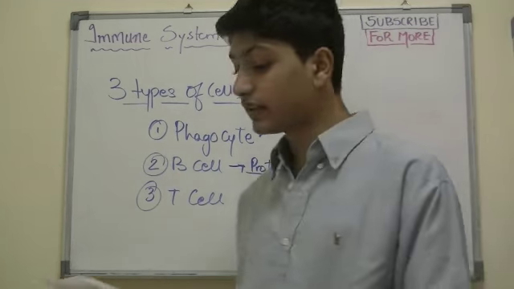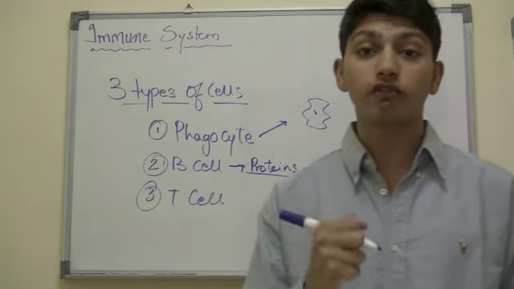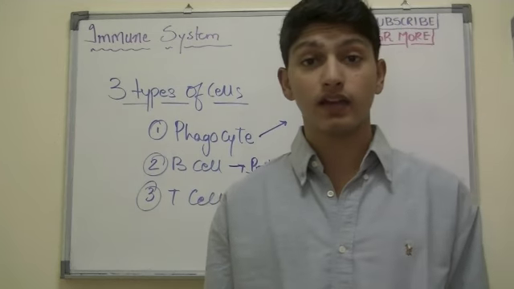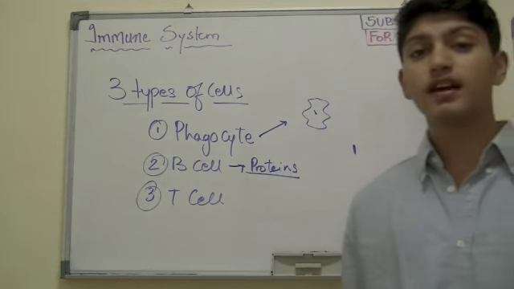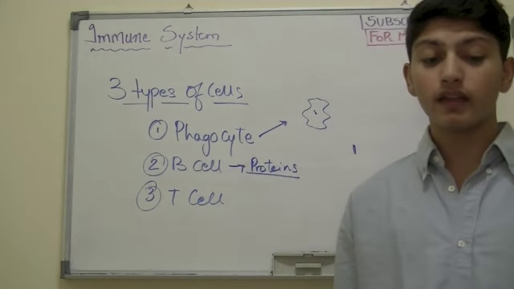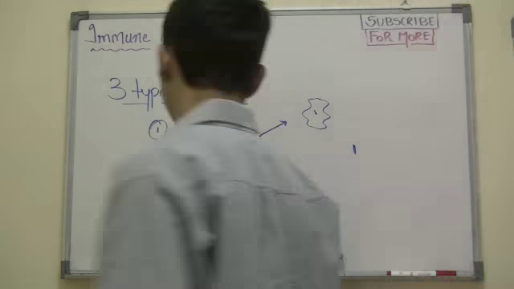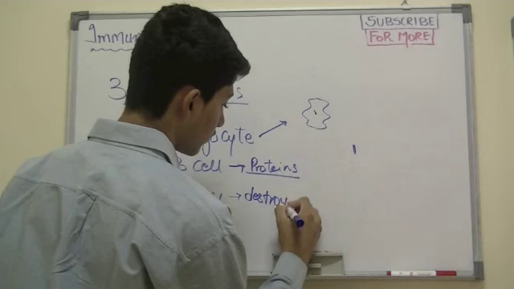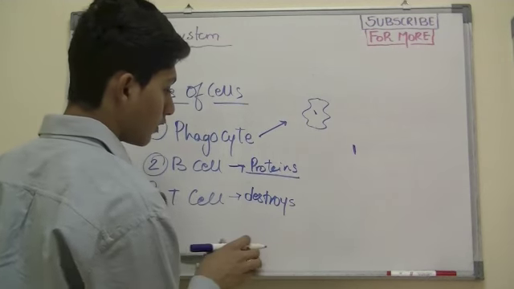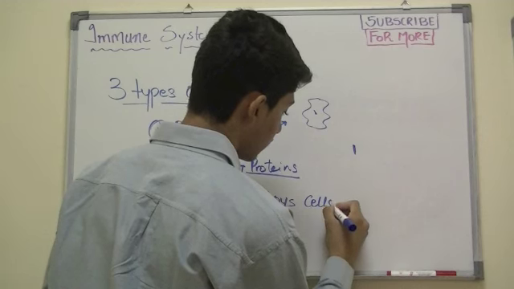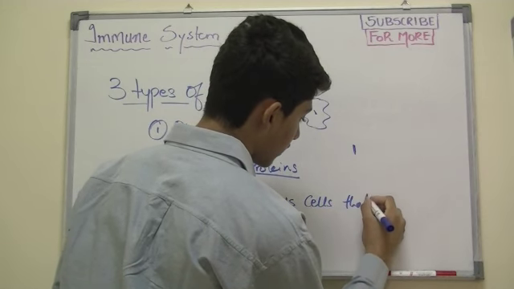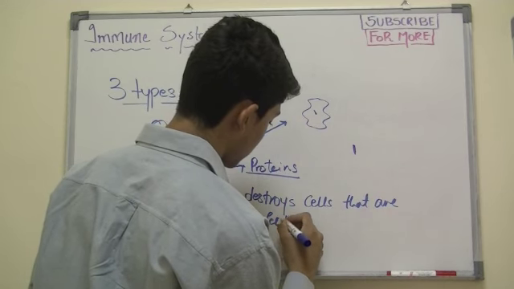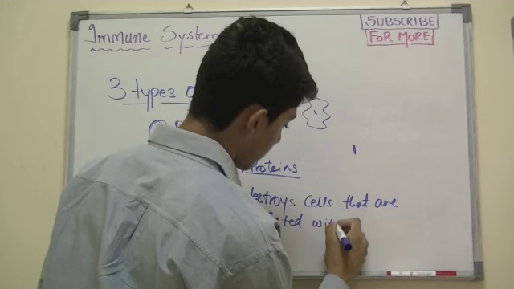Now what is the function of a T cell? The T cell is the real fighter. As you might know, a real fighter takes an active part in fighting. So what it does is destroy body cells that are infected with pathogens.